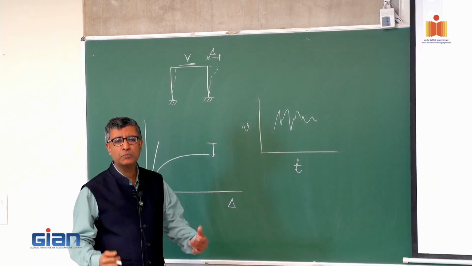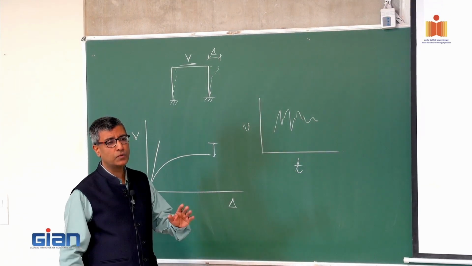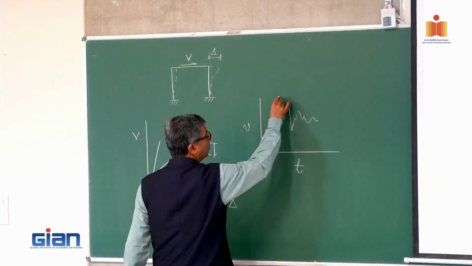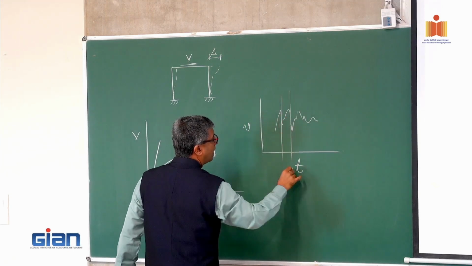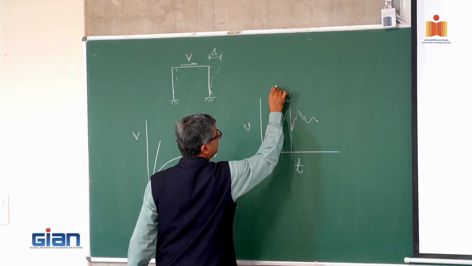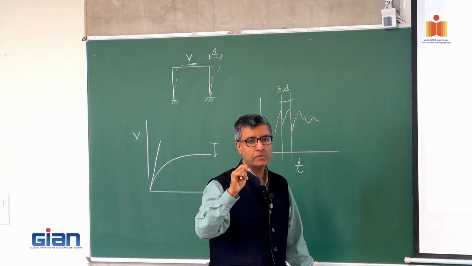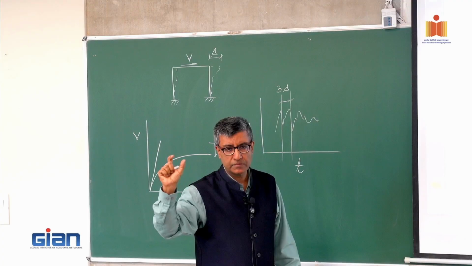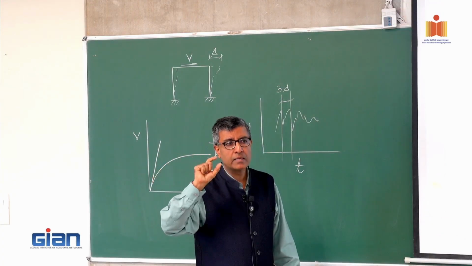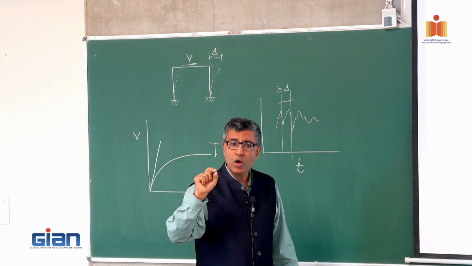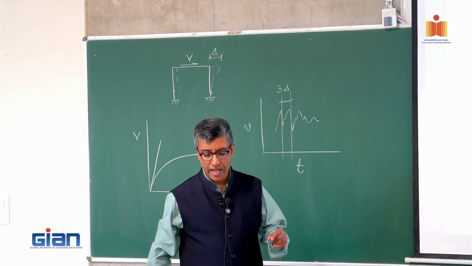How do you do computations? Then what they do is, first we will do what is called a 3-second average. Now the peak gust velocity is defined based on this 3-second average.